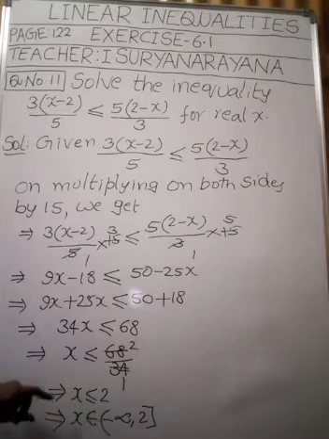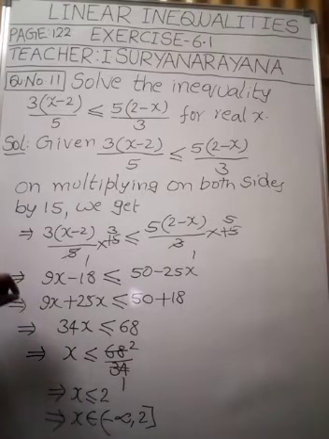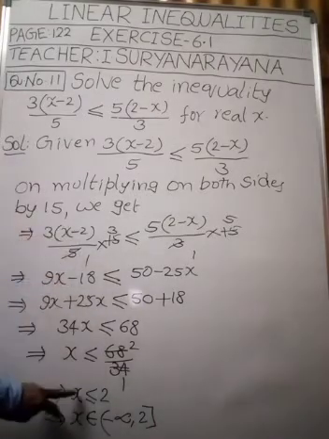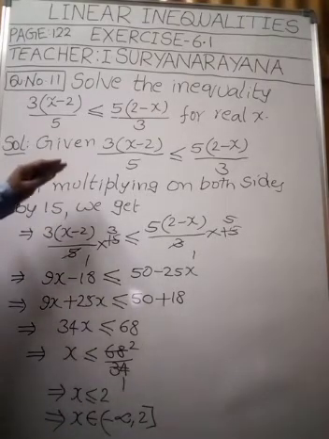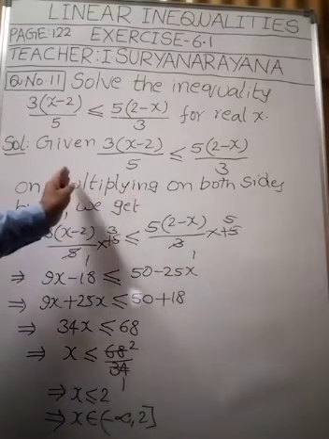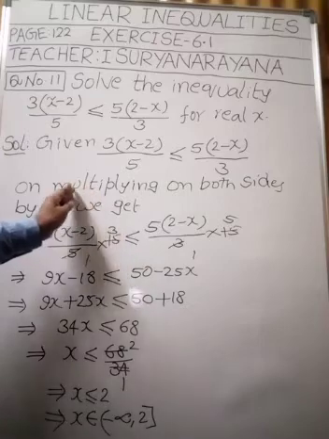Okay, my children. So for questions 17, 18, 19 and 20, you have to represent the solution set. As I have done in the previous questions, I have drawn the number line and shown the solution set by a shaded region.